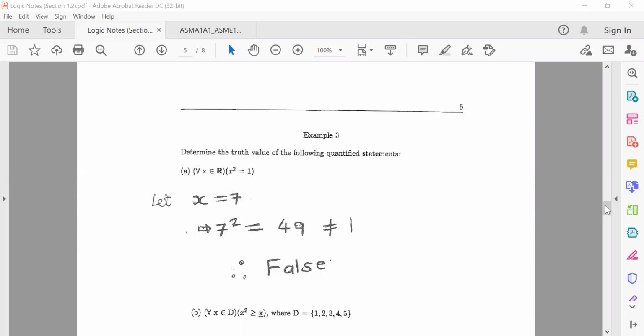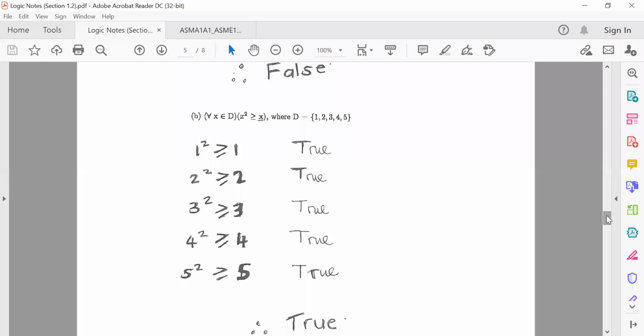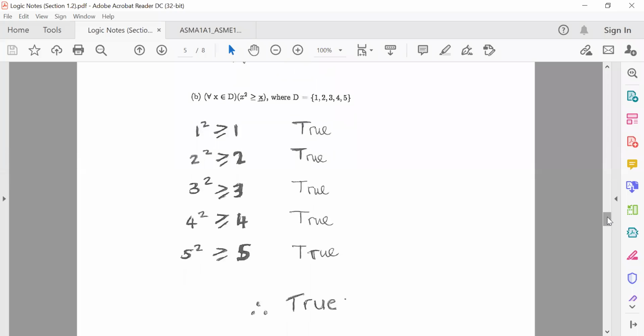Now, this second one, you need to pay attention. We call this proof by exhaustion. When I use the word exhaustion, it means I have a set and I need to show that the statement works for every element in that set. They say for every x element of D, remember this D that's given as the set 1, 2, 3, 4, 5, x squared has to be greater than or equal to x.